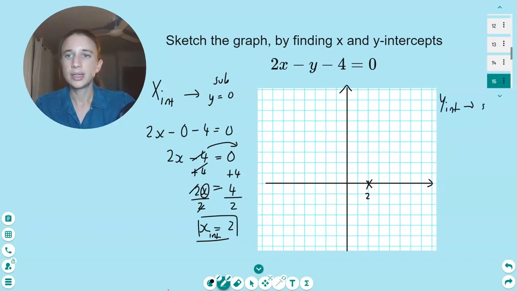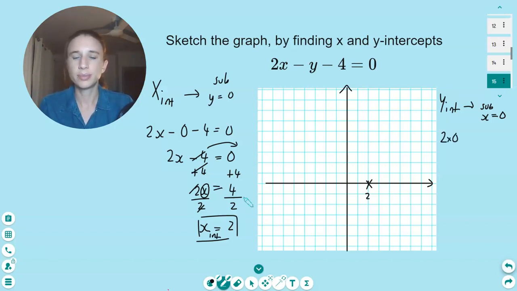Y-intercept, sub y equals 0 into this. Oh, I keep doing that. Whoops. Sub x equals 0. Okay. So we've got 2x. Whoops. 2 times 0. Take y, take 4 equals 0.